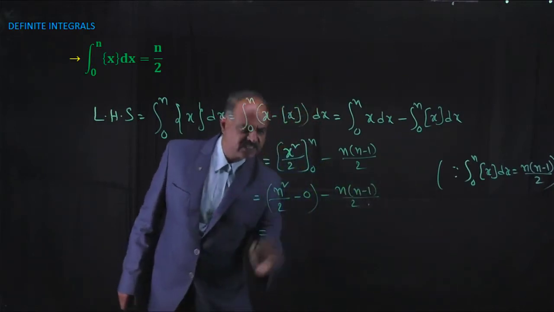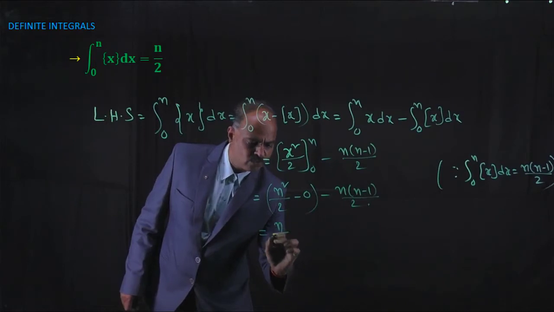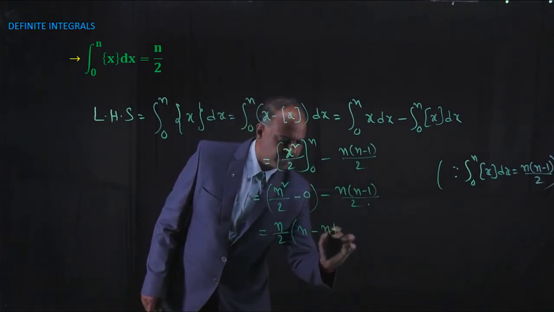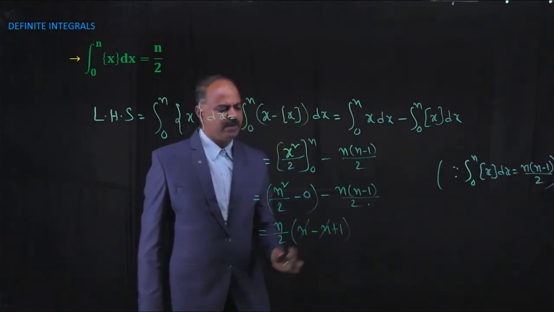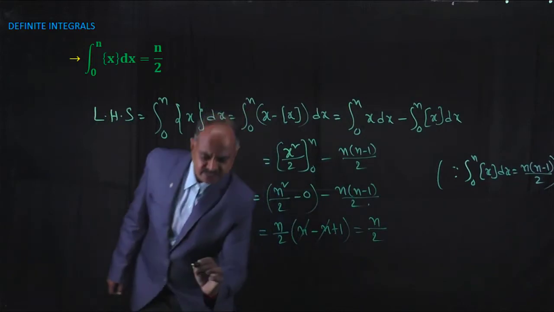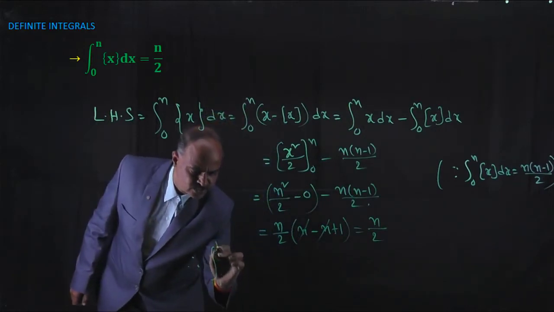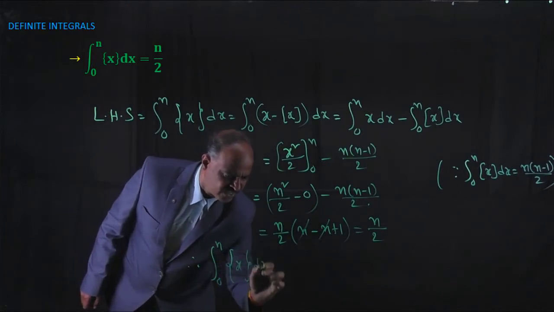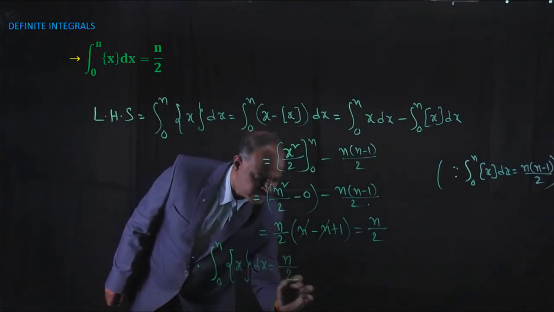So here that is equal to n/2 times (n - n + 1). So here the -n and +n get cancelled, that is equal to n/2. Therefore the integral from 0 to n of the fractional part of x dx is equal to n/2.